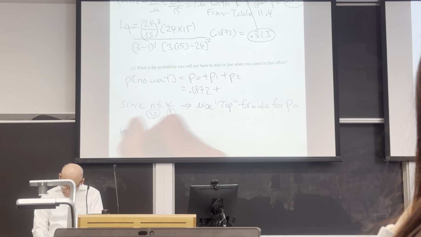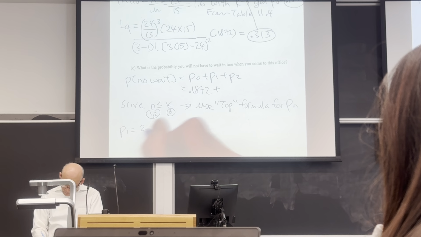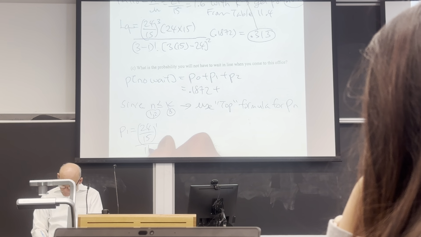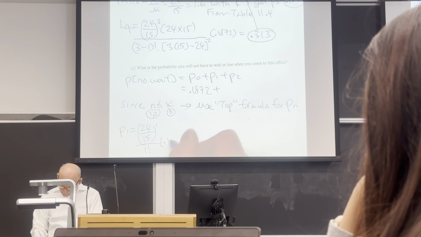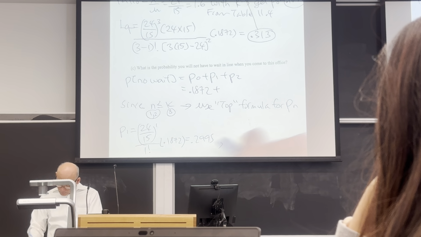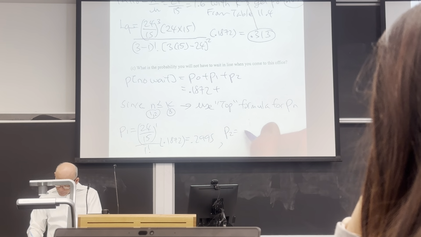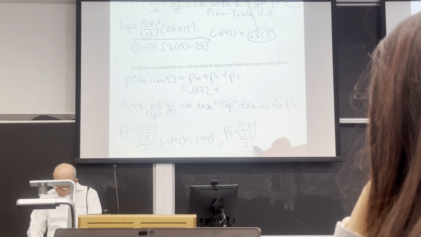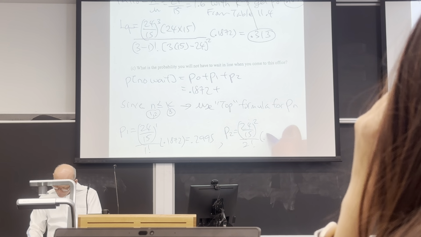So we have to calculate P1, which is lambda over mu to the power of 1 over 1 factorial times P0. And then P2 will be lambda over mu to the power of 2 over 2 factorial times P0.